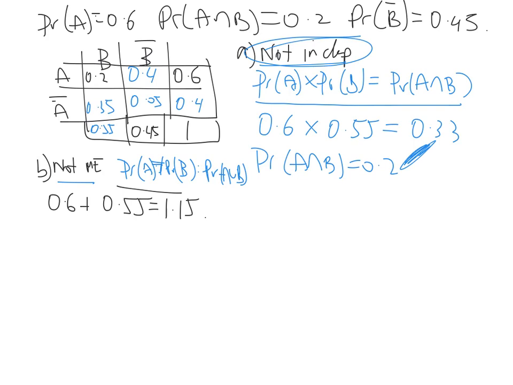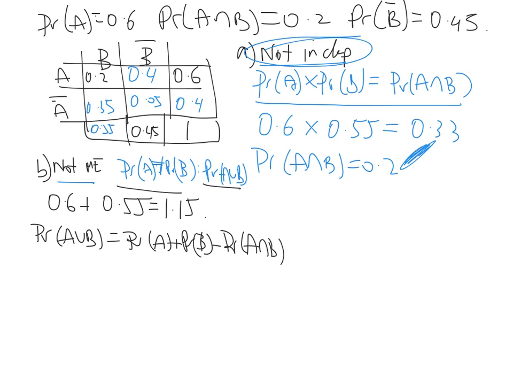Now, we can always determine the probability of A union B using the law of addition. So, probability of A union B equals the probability of A plus the probability of B minus the probability of A intersecting with B. So, over here, probability of A is 0.6 plus probability of B, which is 0.55, minus A intersecting with B, 0.2.